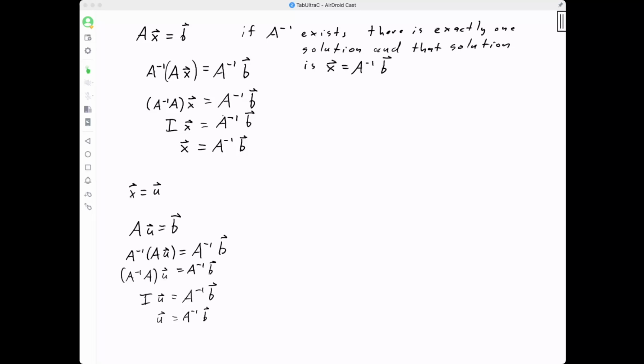So when the inverse of the matrix exists, then the solution is really super quick and easy to find. There's a few things to talk about in terms of how we think about these matrices.